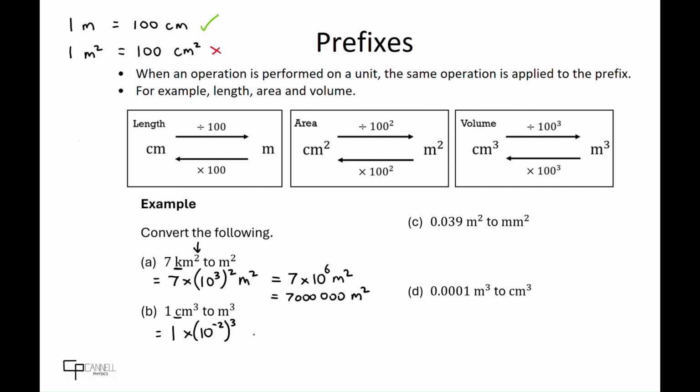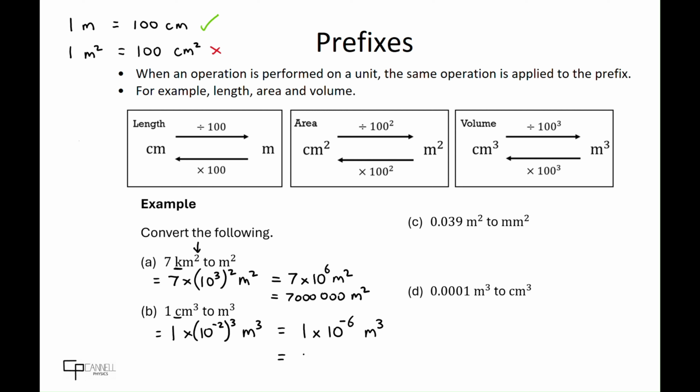And don't forget to have complete working every line. That is, the cubic meters is left now. We've gotten rid of the centi cubed. Simplifying this, we get 1 times 10 to the negative 6, because negative 2 times 3 is negative 6. And that's cubic meters.